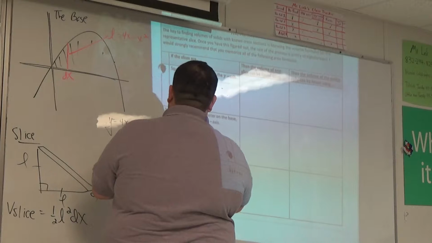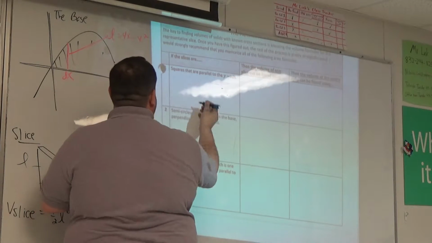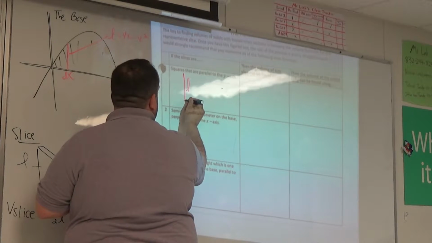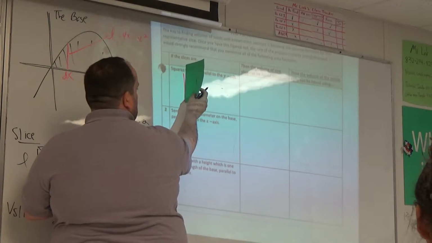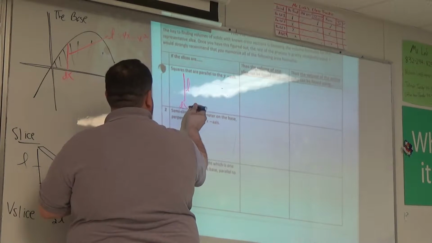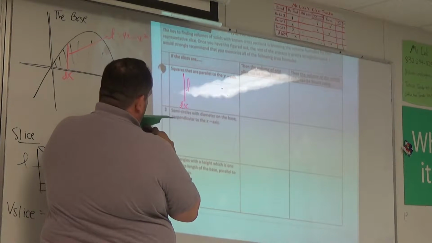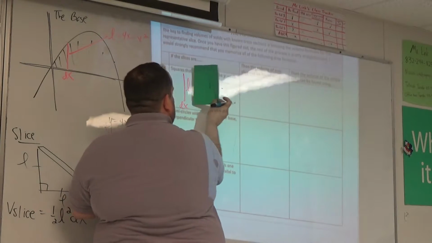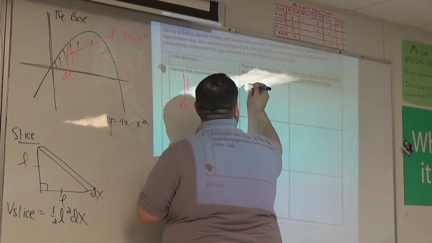If that's the way I think about my little slice, I'm going to have that little sliver. That's what I'm going to call L. How thick is it? If it's this way, that's a dx. When I ask you to draw the slice, we take this and lay it flat.